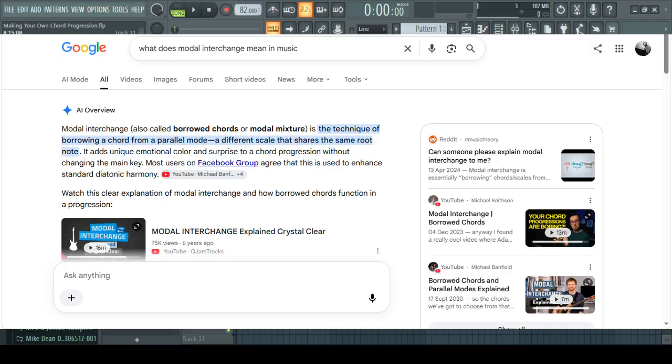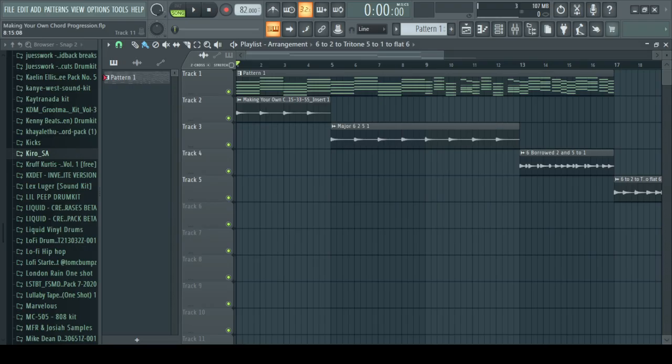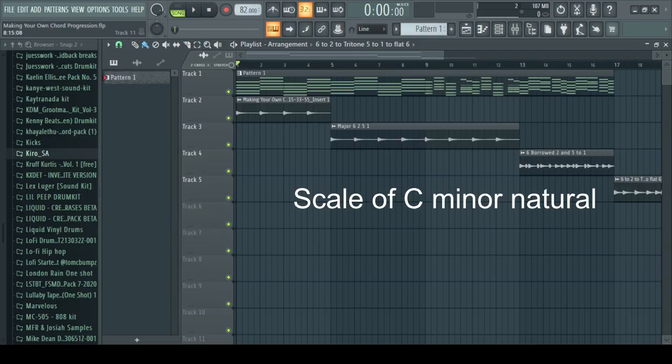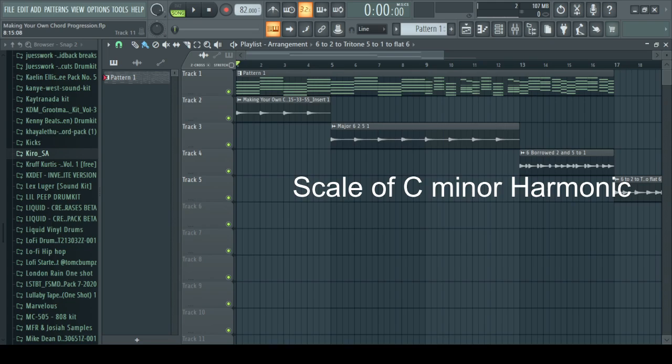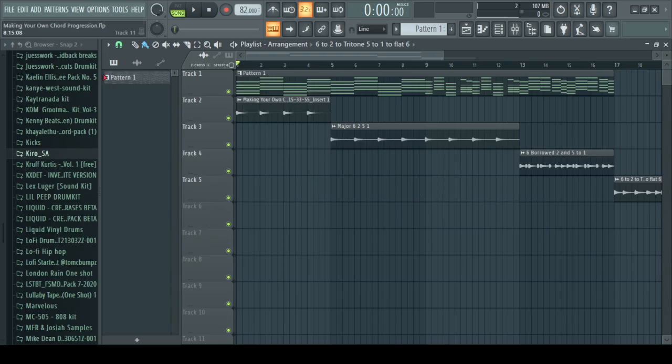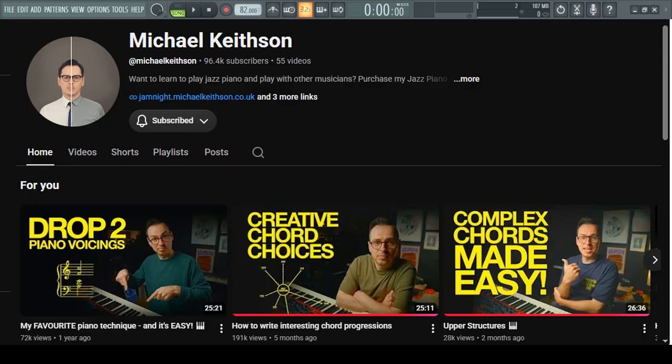So an example I can give is, let's say we're in the key of C major. We then can borrow chords from the same family of C by borrowing chords from C minor natural, from C minor harmonic, from C Dorian, from C Phrygian, and so on. And by the end of this video, if you are still confused, please do check out Michael Kitson, because he has a video on modal interchange.